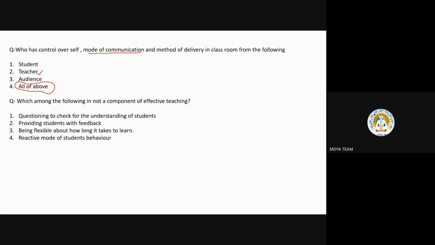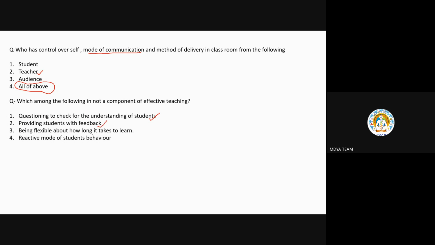The first is questioning to check for the understanding of the student. This is a component of effective teaching, because if a teacher is not questioning, the teacher will not be able to know to what extent the learners grasp the idea. The second is providing students with feedback. This is also very important in effective teaching.